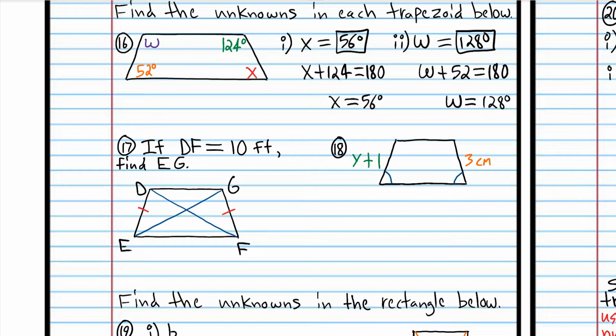But we learned the trapezoid diagonals theorem, which tells us that if a trapezoid is an isosceles trapezoid, then the diagonals are congruent. So if DF is equal to 10, that means that EG must also be equal to 10. So that's a pretty easy problem. It doesn't get much easier than that.